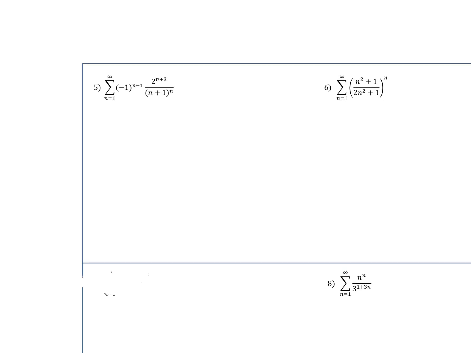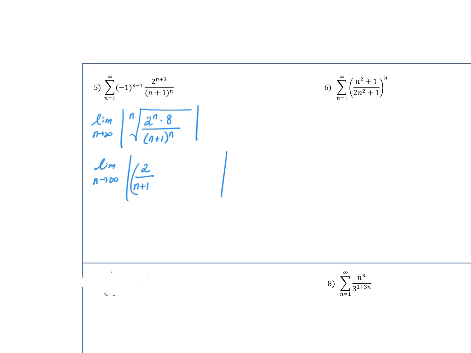All right, for number 5, we're going to do the limit as n goes to infinity. I'm going to take the nth root of this. So it's 2 to the n times 2 cubed, which is 8, over n plus 1 to the nth. I'm trying to think of the best way to do this, but we could do 2 over n plus 1 to the nth, and then this is just 8 to the first power.